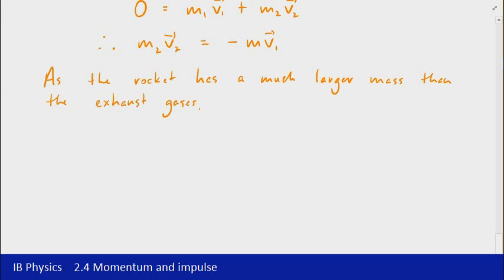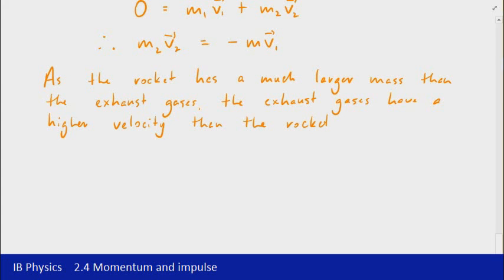So the exhaust gases have a much higher velocity than the rocket. In order to get the rocket to move at a fast velocity, the exhaust gases need to be expelled even faster than that, so significantly higher velocity.